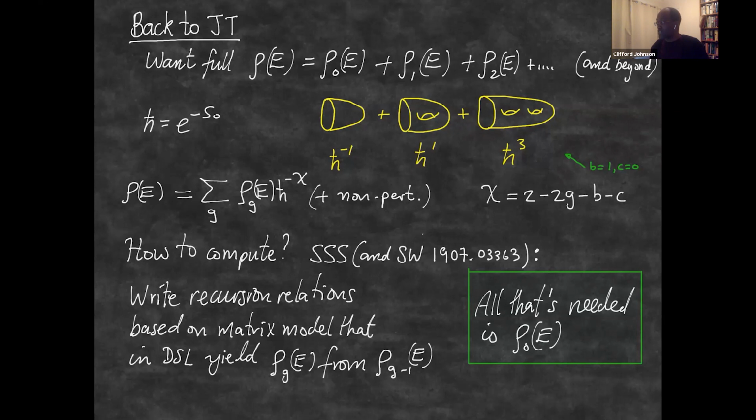So I have this expansion that comes with powers of e to the minus S0, which henceforth I'm just going to call h bar. And that will be appropriate as well, because it'll be the h bar of a theory that really is quantum mechanics.